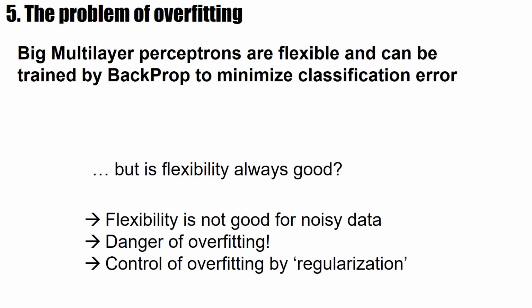You may run into overfitting, and therefore we have to control overfitting by regularization. Overfitting would mean we fit the noise and not the essence of the data. Regularization methods are the topic of the next couple of parts.